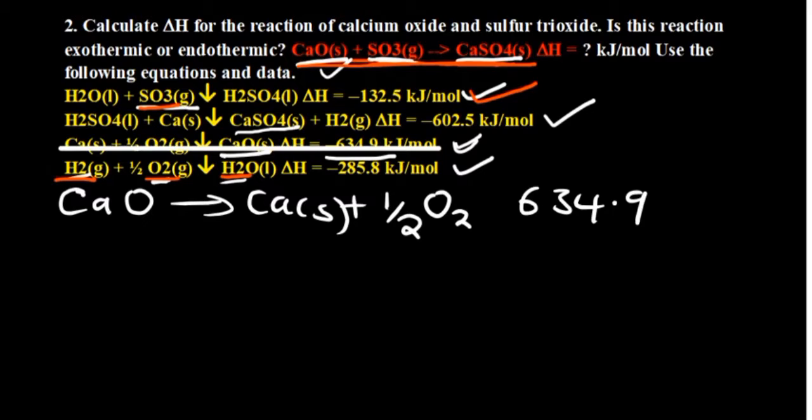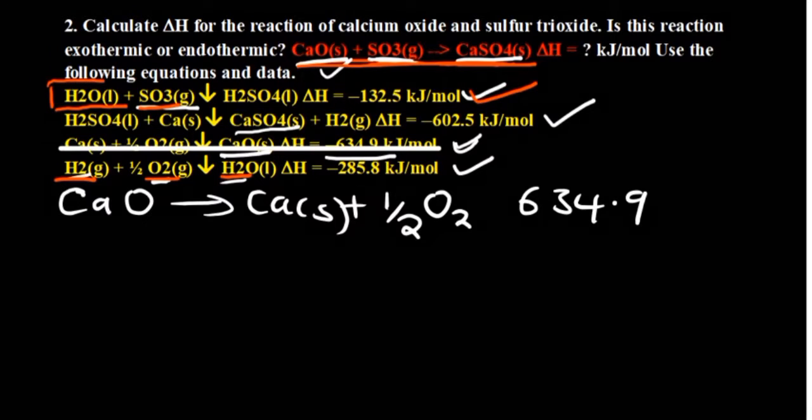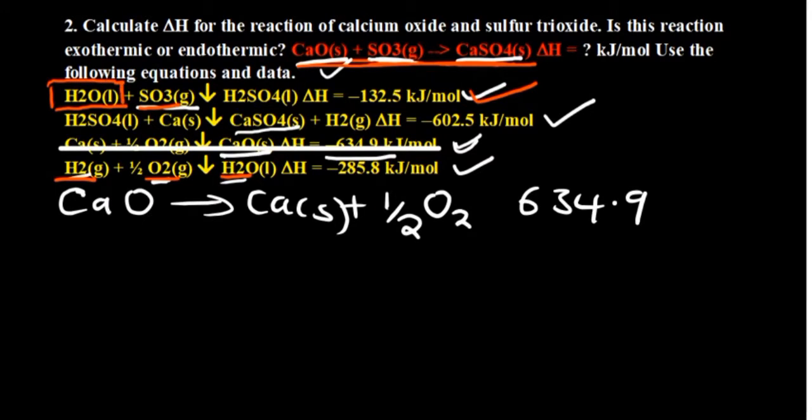So if you look at the first equation, water is a reactant. So we would want it to be a product in this reaction so that we can cancel it out. So equally, hydrogen is a reactant here. So where is it a product? It's a product in the second equation. So we would want it to cancel out as well.